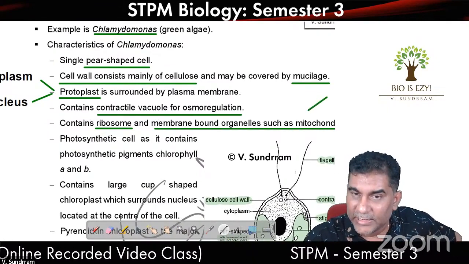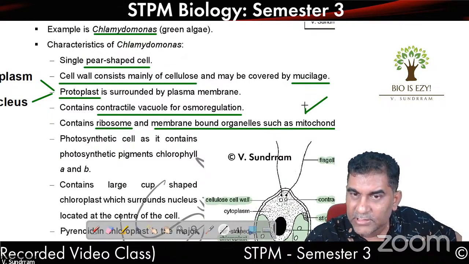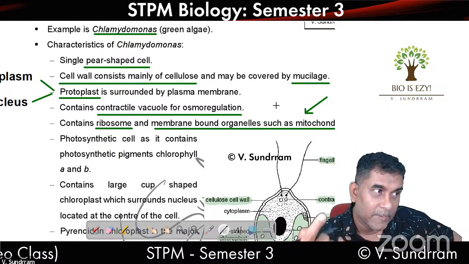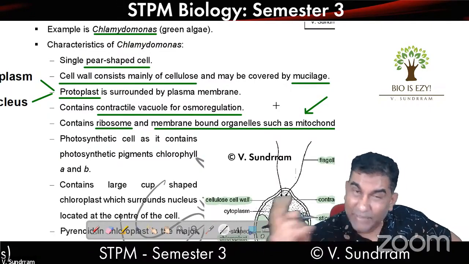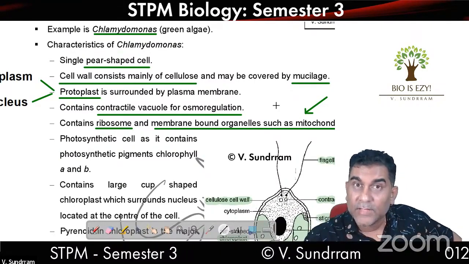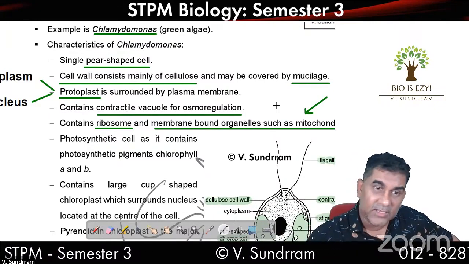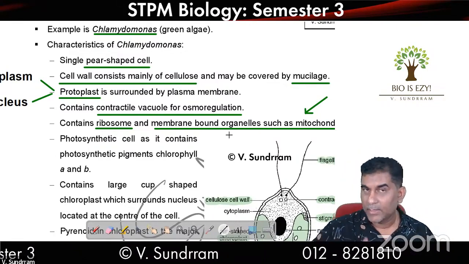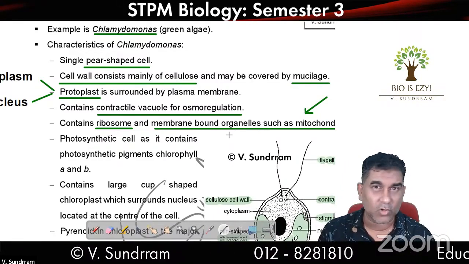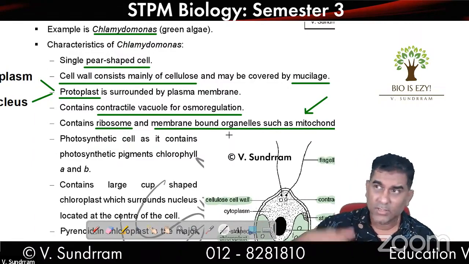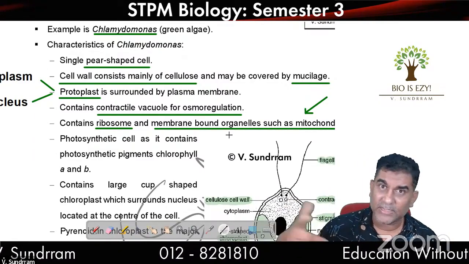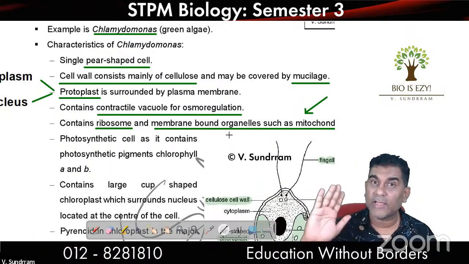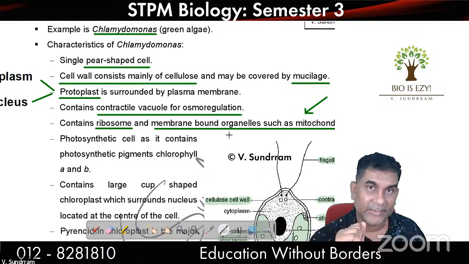They have ribosome. They have membrane-bound organelles such as mitochondria. Now, why do we write this sentence? Because this is the second kingdom. The first kingdom is prokaryote, bacteria. One of the answers for bacteria is they don't have membrane-bound organelles. Bacteria don't have mitochondria, chloroplast, nucleus, smooth endoplasmic reticulum, rough endoplasmic reticulum, lysosome, vacuole, all don't have, because all of them are membrane-bound organelles.